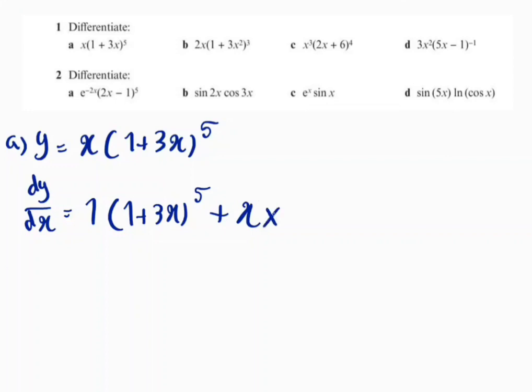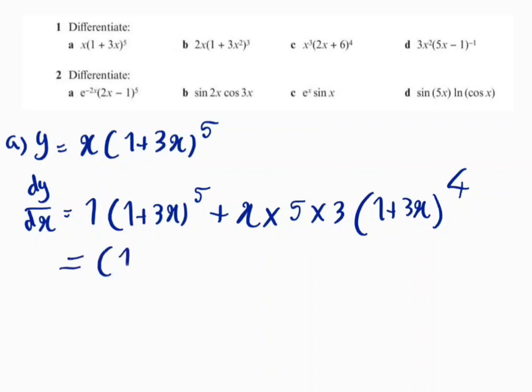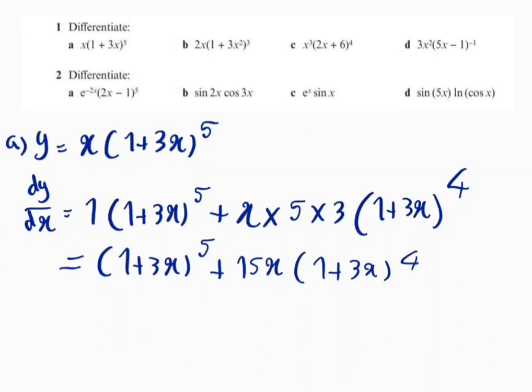That becomes 5, because that comes down, times the derivative of inside, which is 3, times (1 plus 3x) to the power of 4, be careful. Now we can simplify this to write (1 plus 3x) to the power of 5 plus 15x times (1 plus 3x) to the power of 4, and that's it.